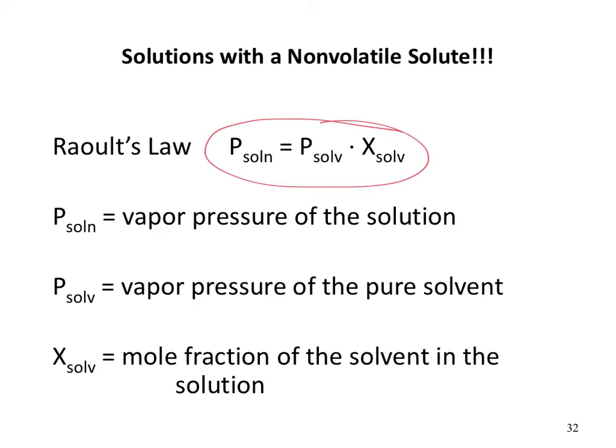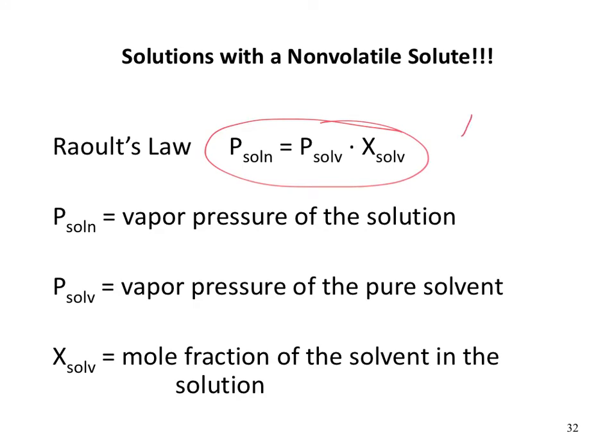In other words, one can say that the vapor pressure of any solution is in correlation with the amount of the solvent molecules that might be present in that particular solvent. For instance, let's say you have a water sample, okay?